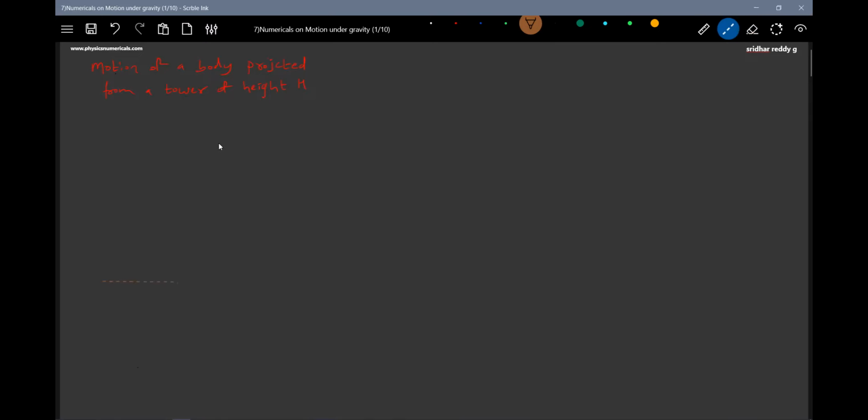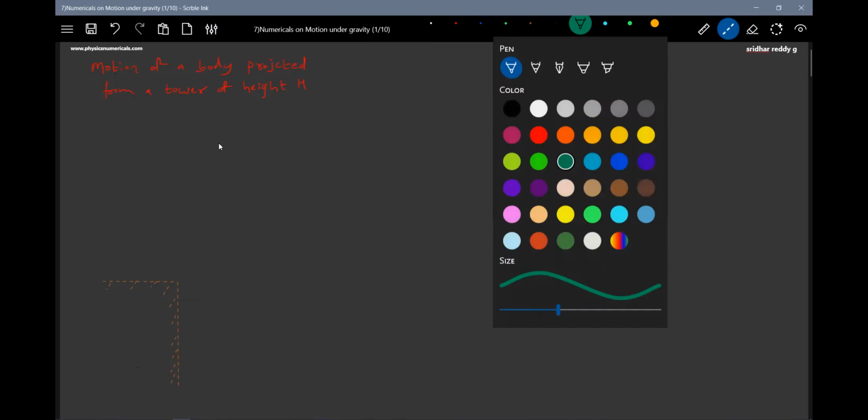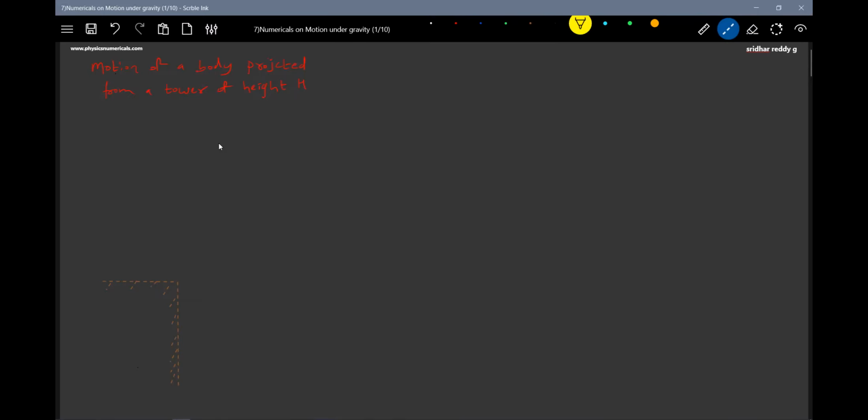There's a tower. Here we are going to project a ball with some speed. Let the height of the tower be h.